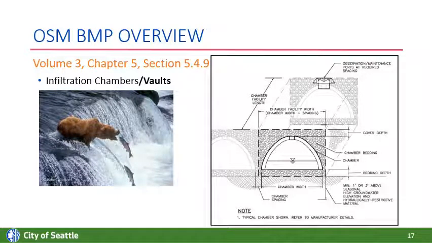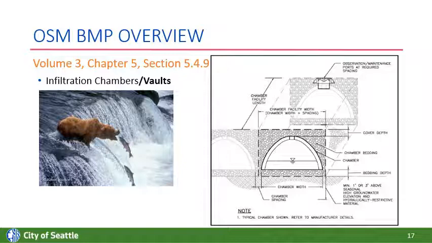For infiltration chambers and vaults, the BMP name was updated to add vaults, so it could consist of an infiltration vault that's essentially a detention vault without a bottom that allows for infiltration. Figure 5.22 has been updated.